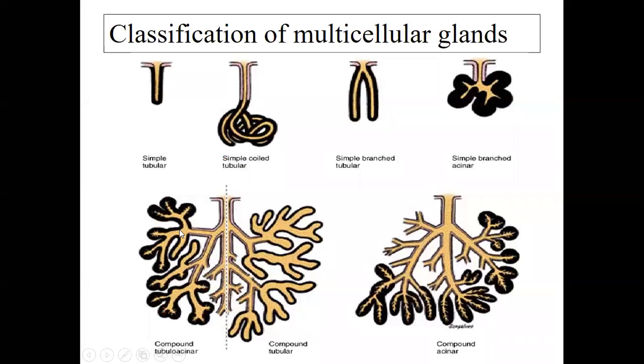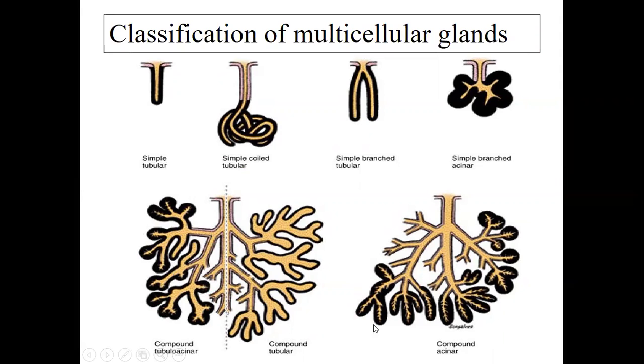Then we have compound. Compound tubular acinar. Compound means that the tubular portion here is branched. So you can see it has a branch at the tubular portions, the pinkish in color. At the secretory portions here, you can have two components, the acinar component and also the tubular.